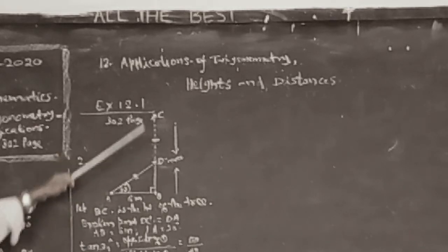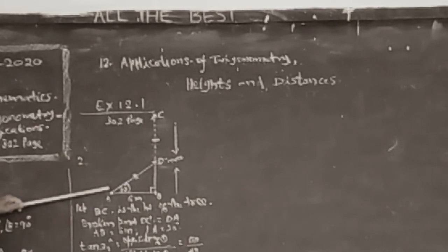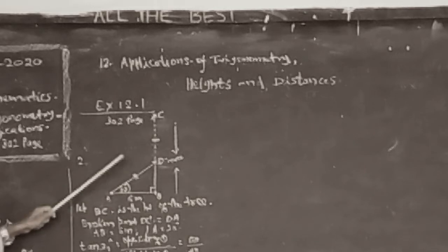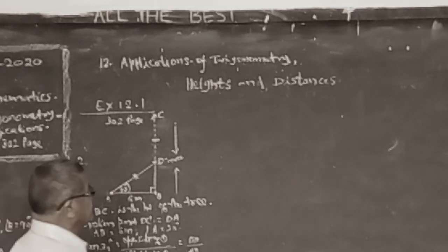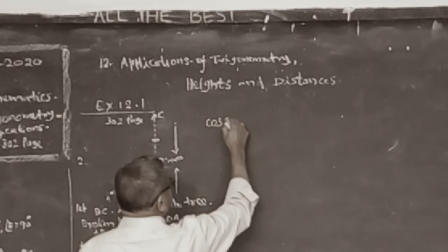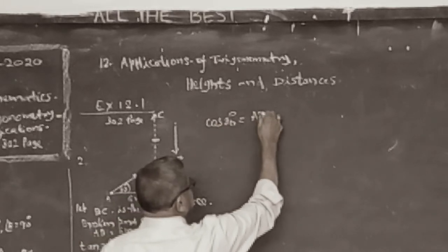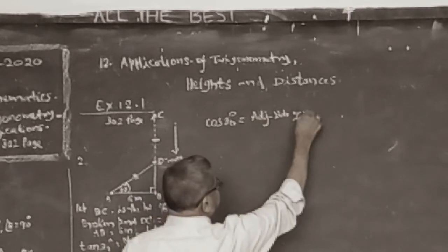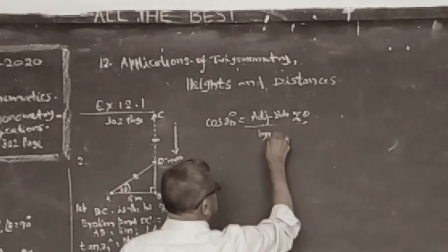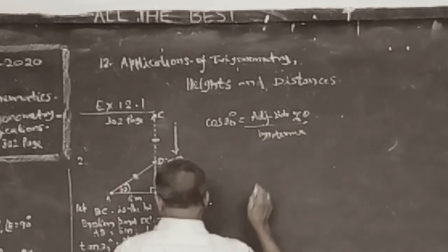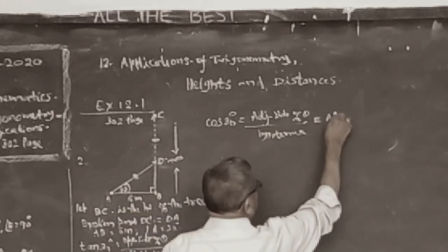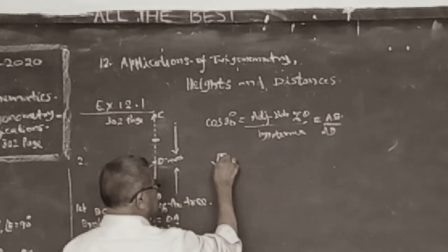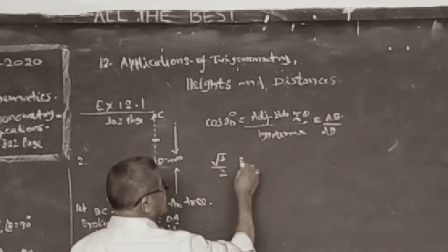And the broken part is DA, that is the hypotenuse. The ratio relating the adjacent side and the hypotenuse is cos. So cos 30 degrees is equal to the adjacent side of theta by the hypotenuse. The adjacent side is AB, and the hypotenuse is AD. The value of cos 30 we know from the table: root 3 by 2.